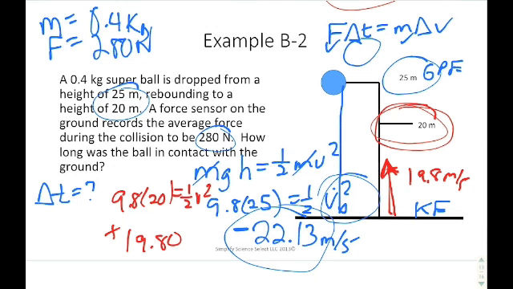We have an initial velocity of negative 22.13, and we have a final velocity of positive 19.80. So that right there is going to tell us what our change in velocity is going to be.